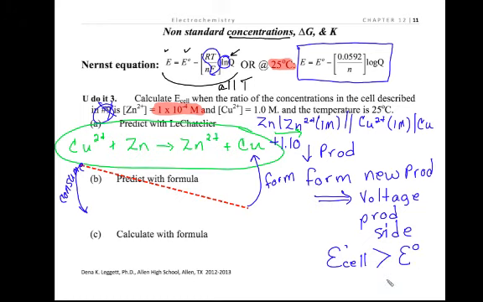We expect it to be greater than 1.10 volts. So by decreasing the concentration of zinc ion in the zinc cell, we could potentially get more voltage out of the system. Okay, so that is one way to do this.